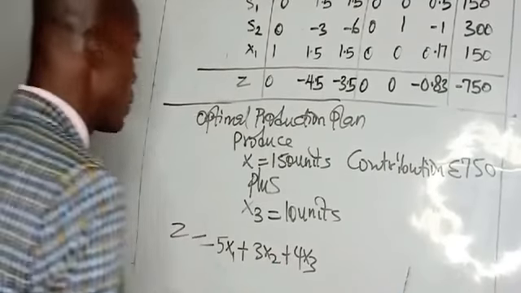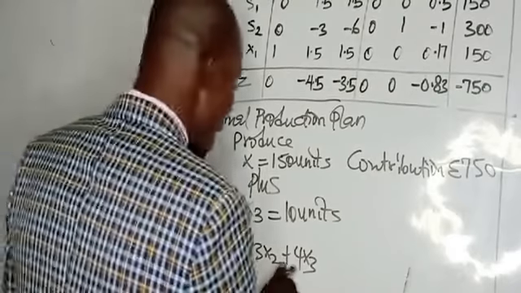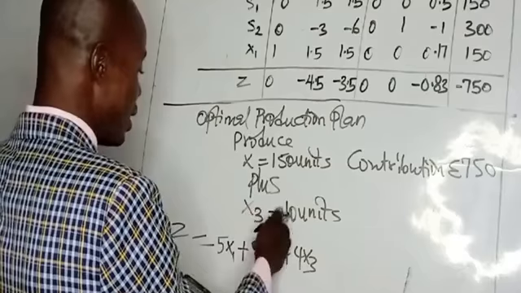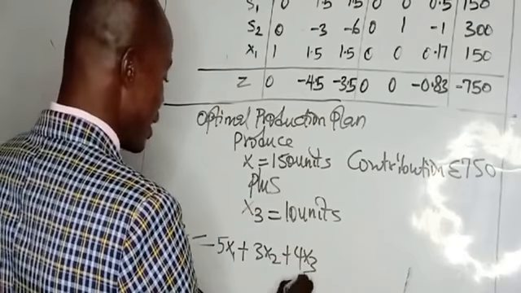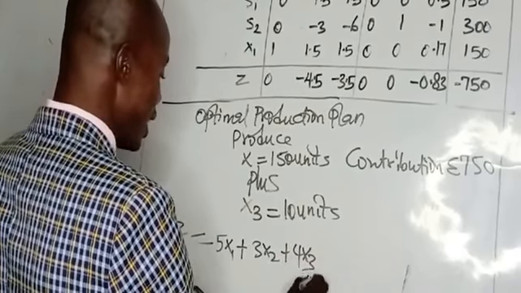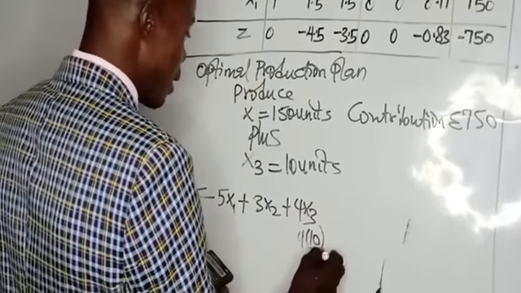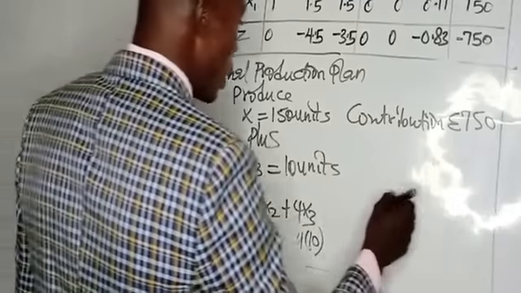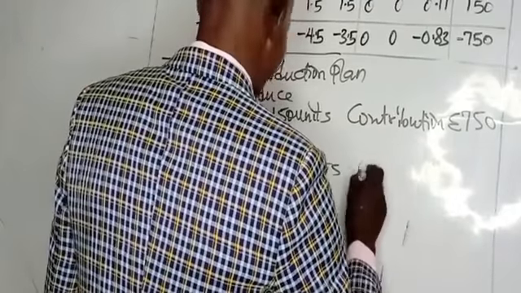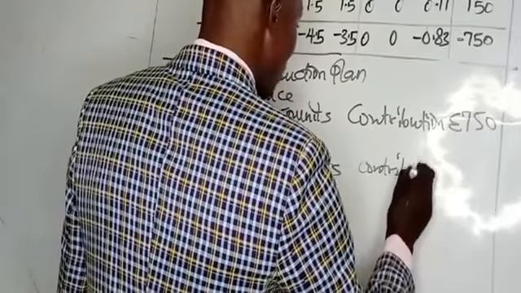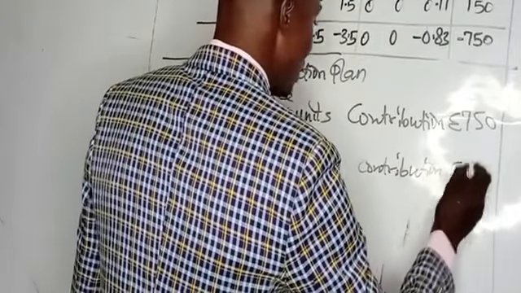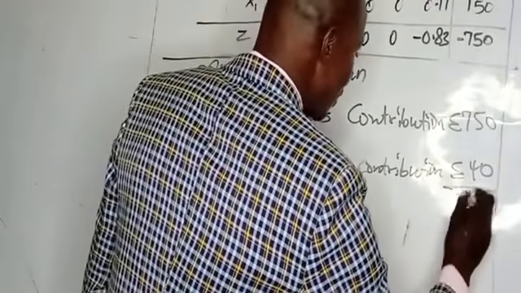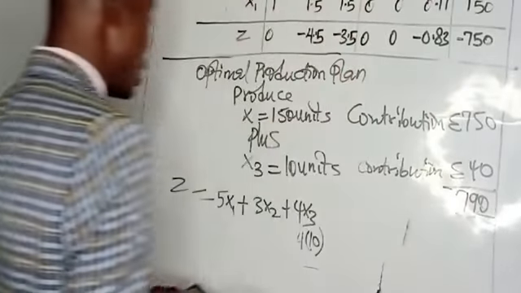So the coefficient of x3 is 4. 4 times 10 is 40. That means the contribution from that special constraint product is 40 pounds sterling. If you add 40 to 750, you'll have 790. That is the total contribution.